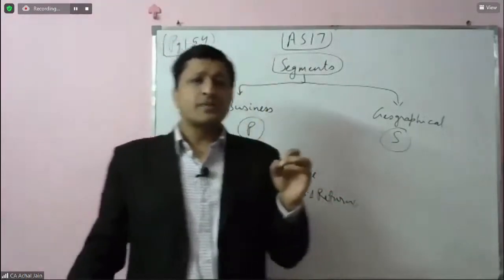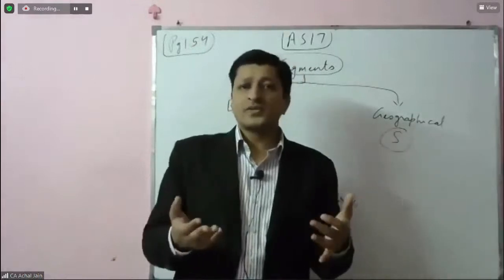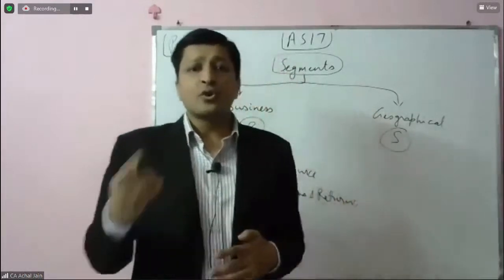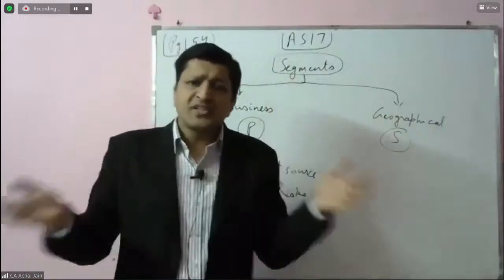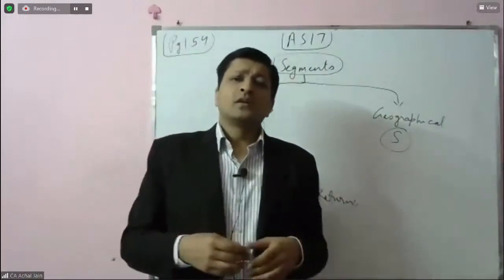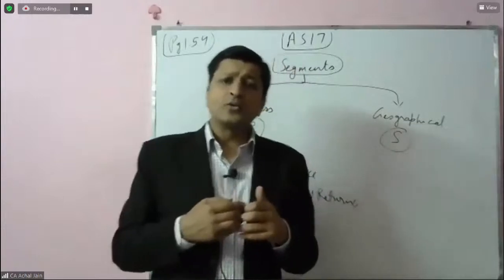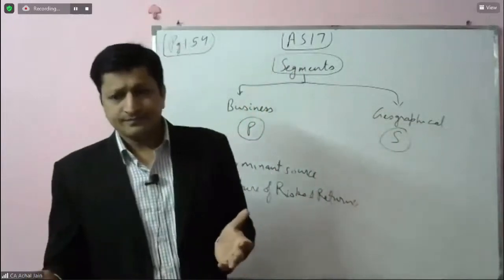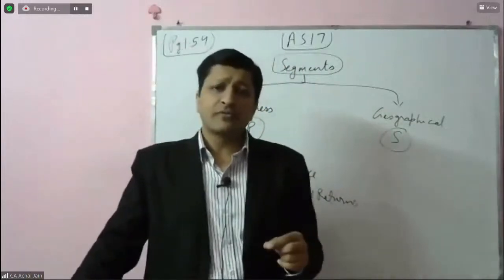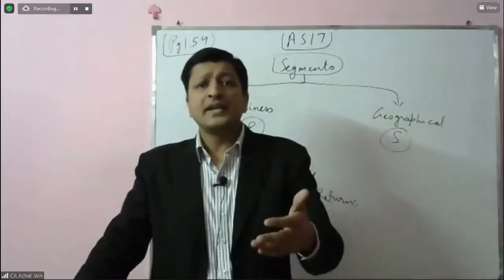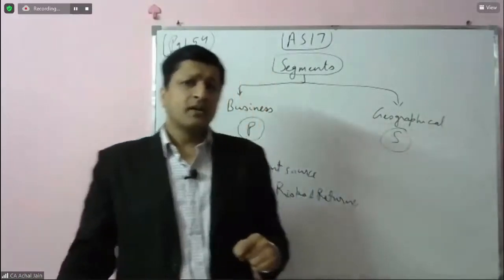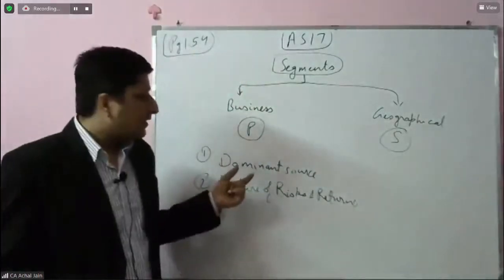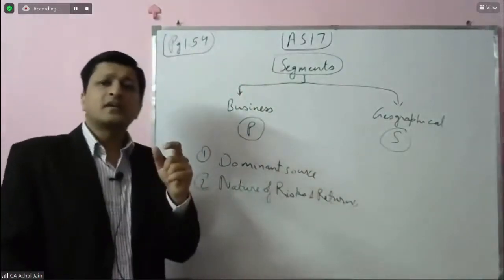The way the management would want to analyze its performance will be on the basis of the geography and not really on the basis of the product. Because within that geography, the company may be dealing in various products. And outside that geography, the company again may be dealing in various products.